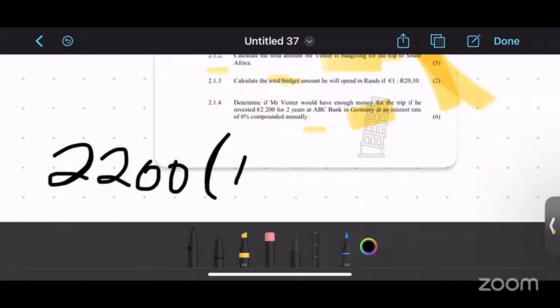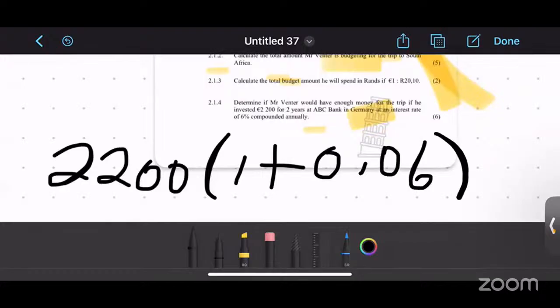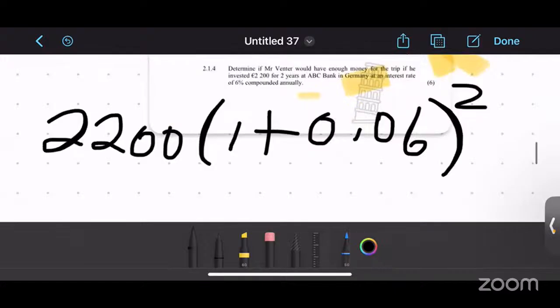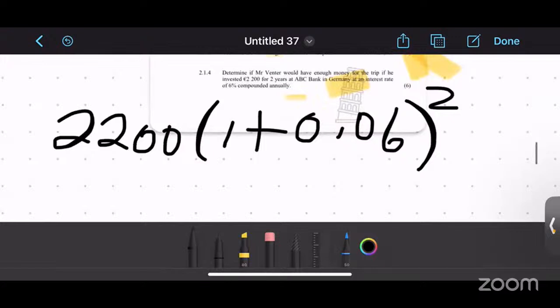So it's going to be one plus 0.06, compounded annually, then close the bracket to the power of 2. Is this what you have on your calculator? Yes, ma'am. And what's the answer?